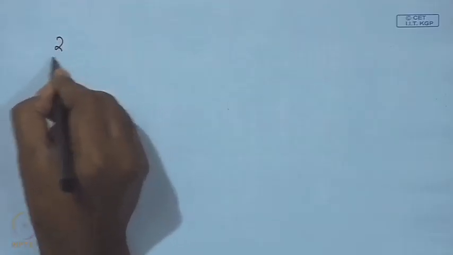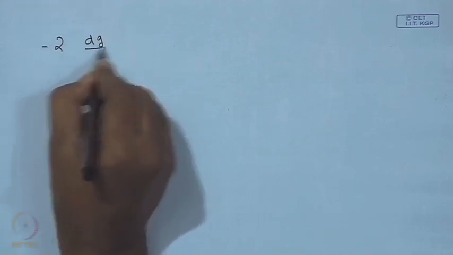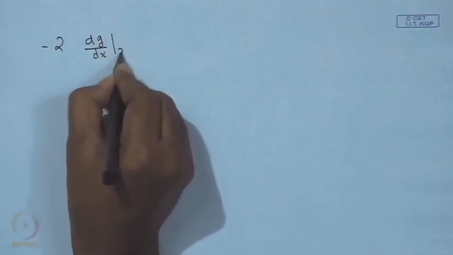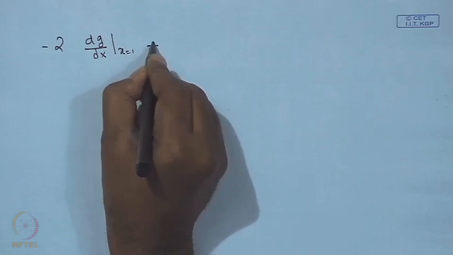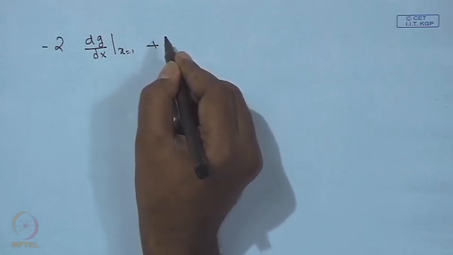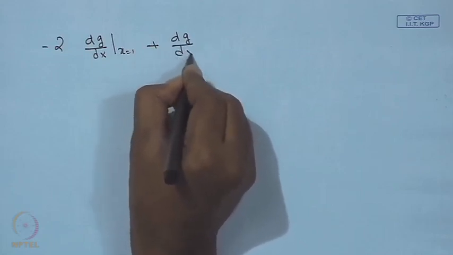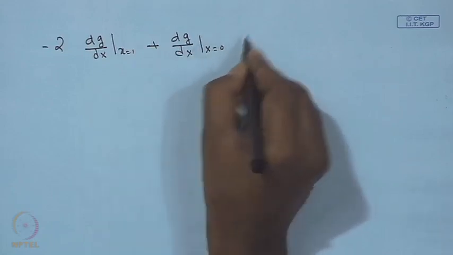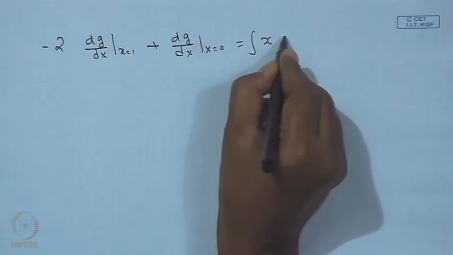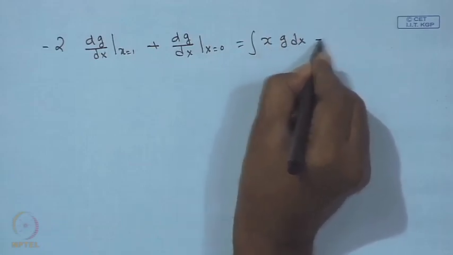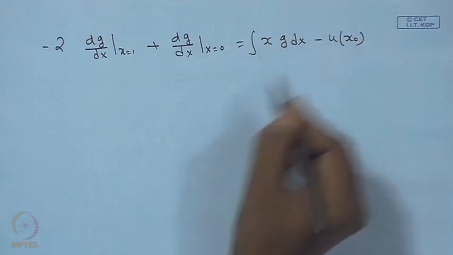So, u at x is equal to 1 is 2. So, it is 2 minus dg dx evaluated at x is equal to 1 plus u at x is equal to 0 is 1, so 1 multiplied by dg dx evaluated at x equal to 0 is equal to integral x g dx minus u of x naught.